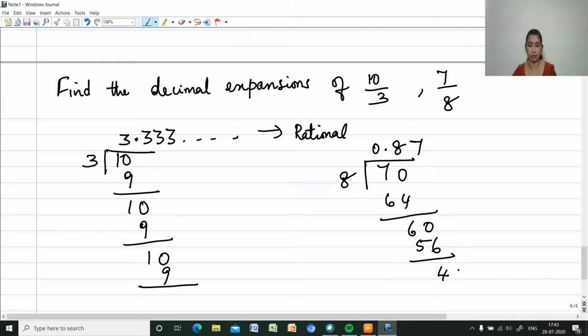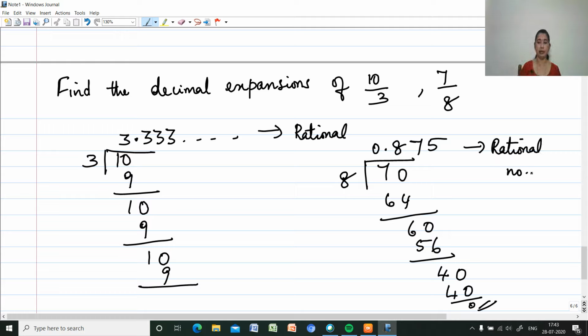Then 4, 40. 8 5s are 40. So here it is ending. It is not recurring. It is terminating. So this is also a rational number. So some rational numbers will be recurring and non-terminating. Some rational numbers will have a decimal expansion like 0.875. It is stopping there.